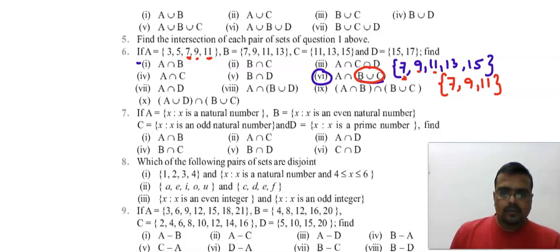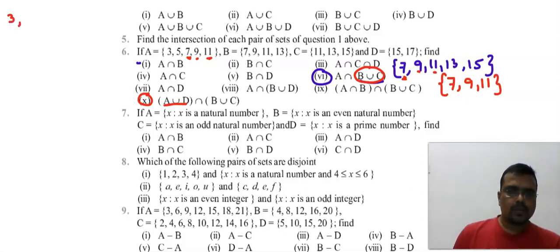Let's do number 10. They are asking A union D intersection B union C. So first we find A union D. So whatever is there in A or D, we will write that first. I'm writing with red. So 3, 5, 7, 9, 11, 15 and 7. Whatever is there in A or D, right? Okay.